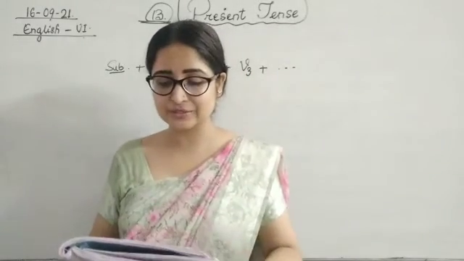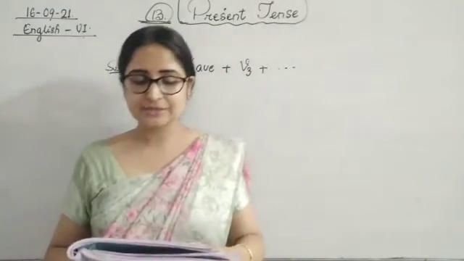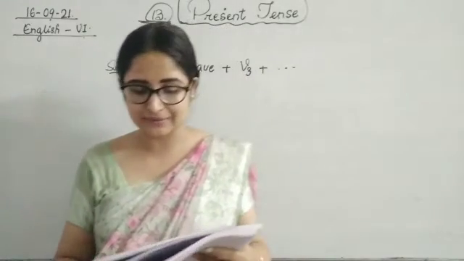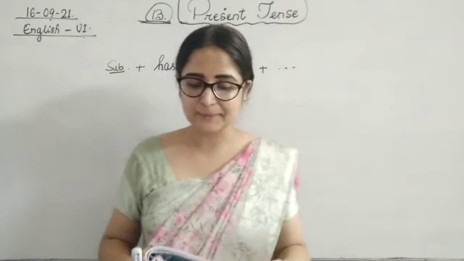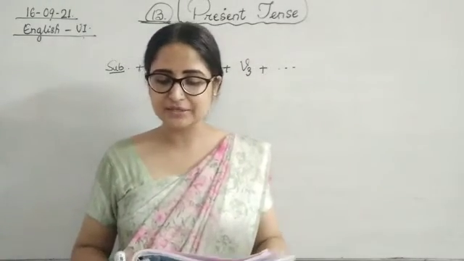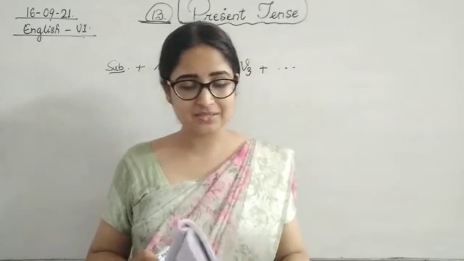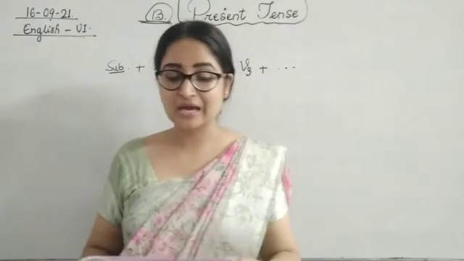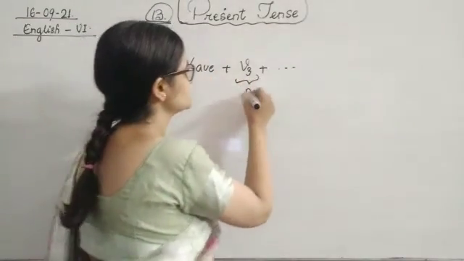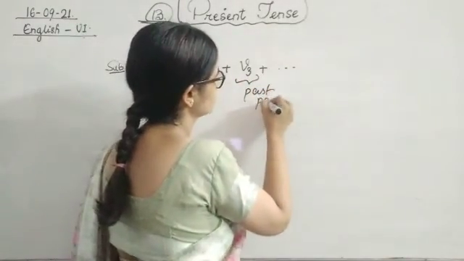Now here are a few more examples. I have been to Singapore earlier. With this we can also add been. I have just completed the story. She has always admired your work. This banyan tree has stood here since ages. She has eaten the apple. So what I was telling you is the verb third form is the past participle form.